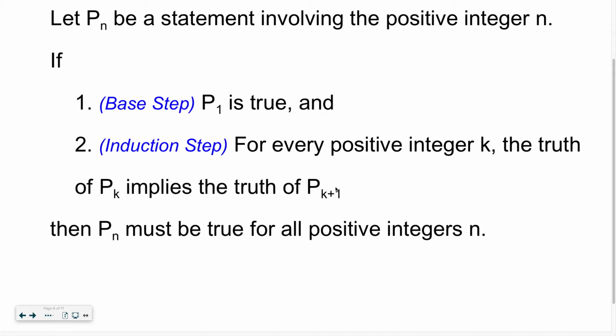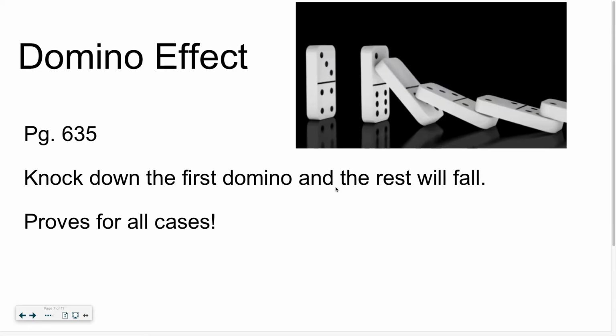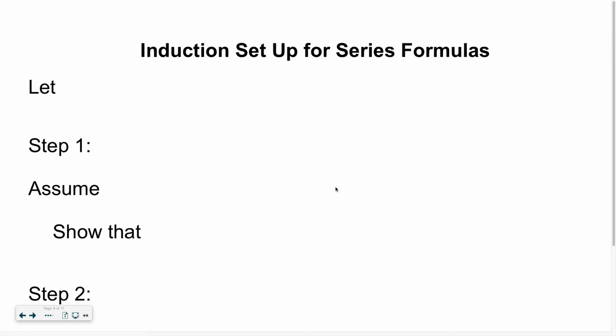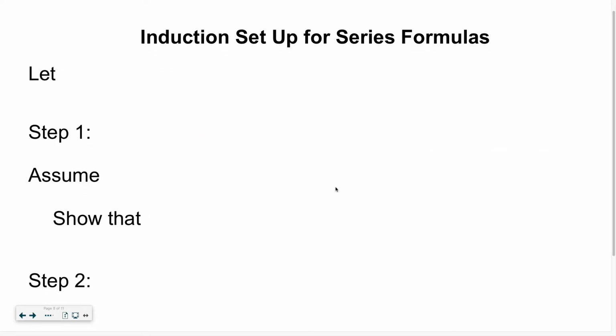So here's going to be our setup for series formulas. I'm going to fill this in with some formula stuff, and it's going to be a lot like sequences and series. So over here on the sideboard, I'm just going to write a reminder to us from 9.1 to 9.3.